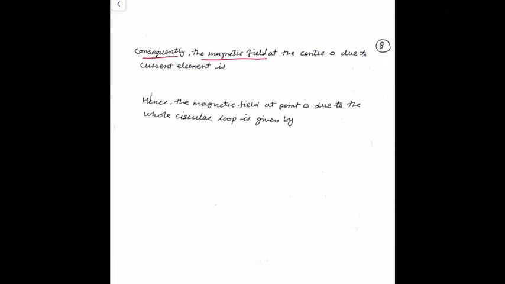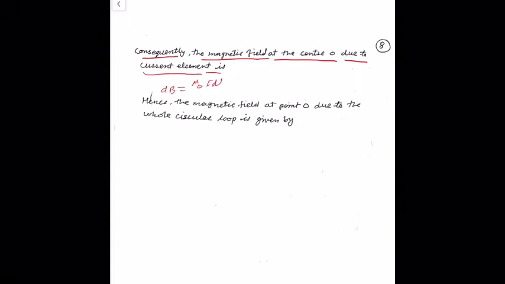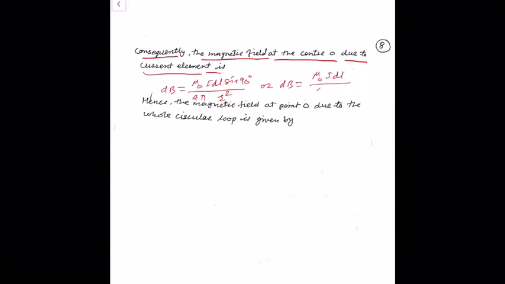Consequently, the magnetic field at the center O due to current element is dB equal to mu naught I dl sine 90 degree upon 4 pi r square, or we can write dB is equal to mu naught I dl upon 4 pi r square.